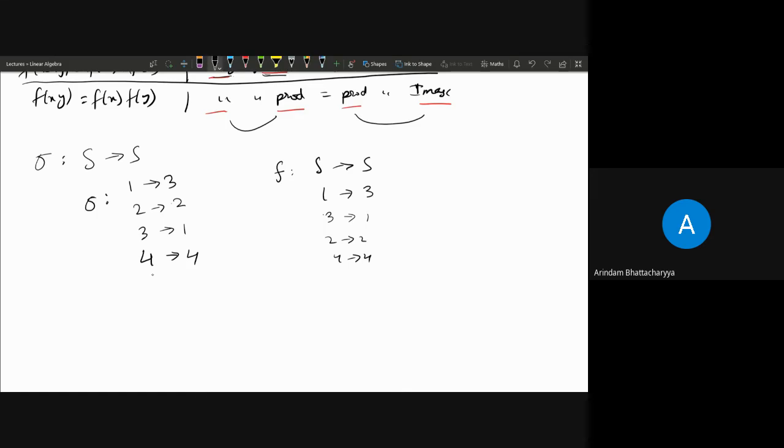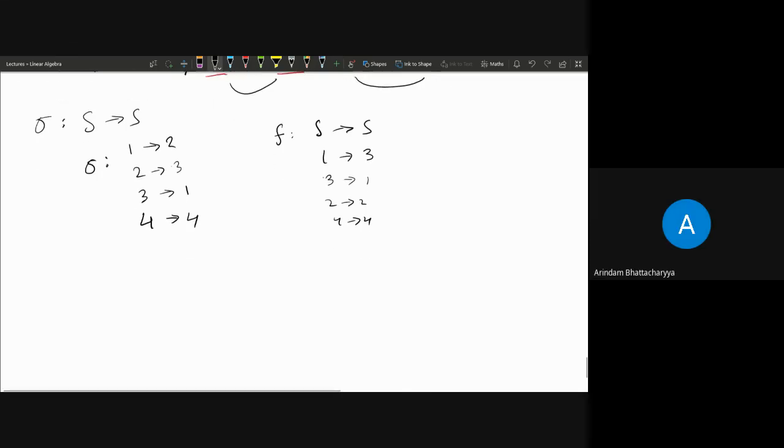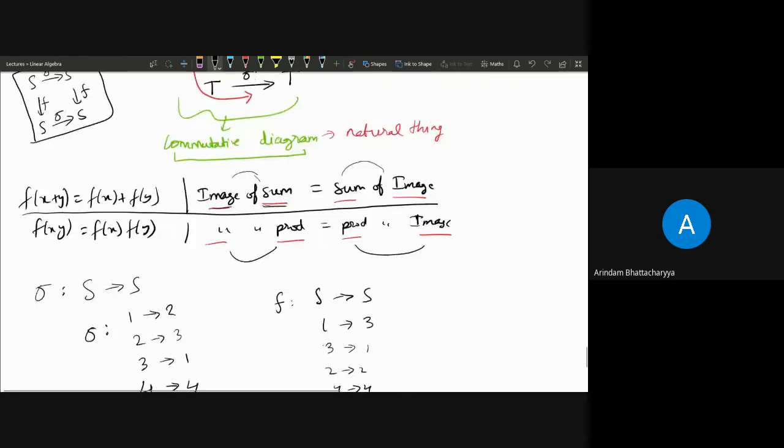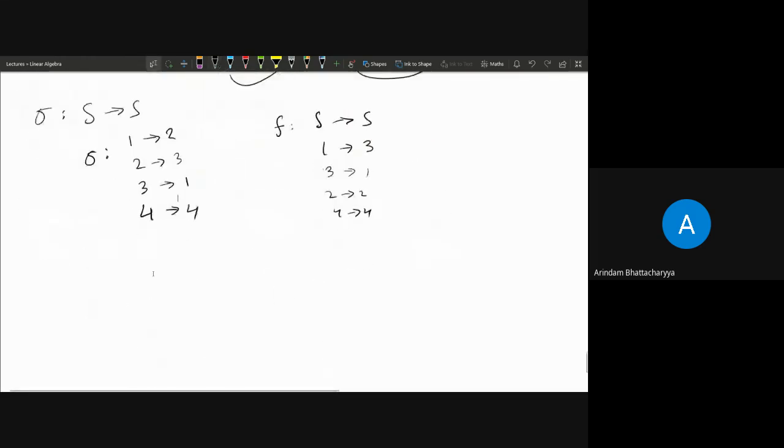Okay, let me do this. 1 goes to 2, 2 goes to 3, and 3 goes to 1. Actually, in the commutative diagram, there was a function sigma dash also. So here sigma and sigma dash are the same. You can also take, it does not really matter, but okay, how do I properly explain this?